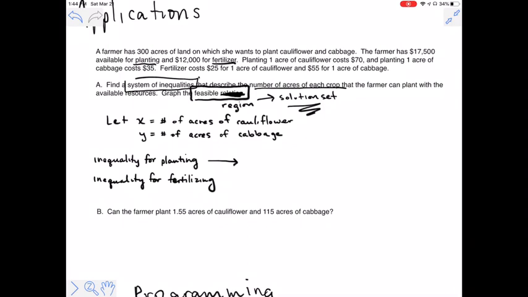What does it say about planting? The farmer has $17,500 for planting. Planting 1 acre of cauliflower is $70 and 1 acre of cabbage is $35.